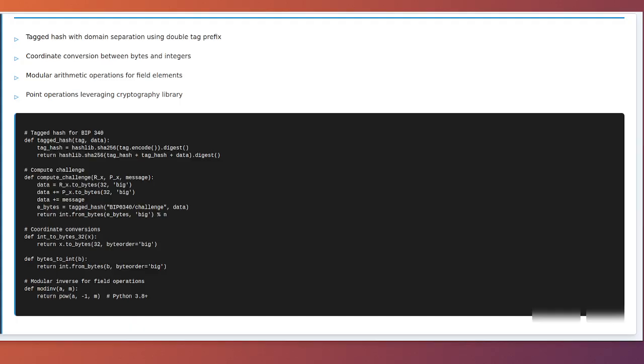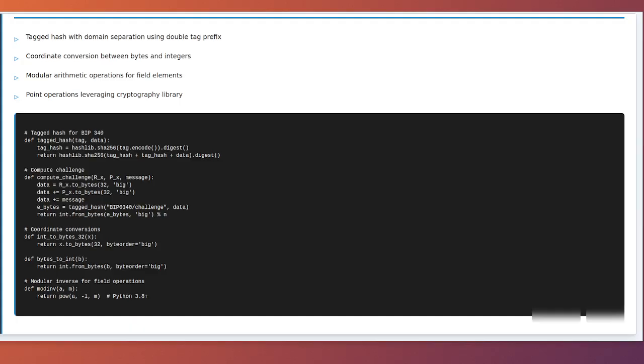We also need conversion helpers for moving between different representations of cryptographic values. The int to bytes 32 function converts an integer to exactly 32 bytes in Big Endian format. This is the standard representation for SECP-256K1 field elements and scalars.